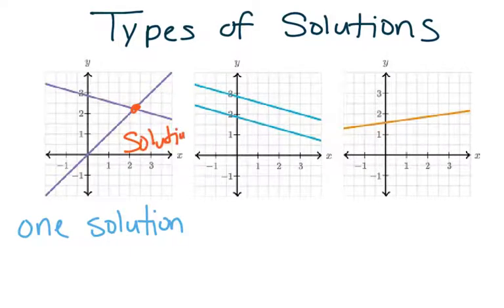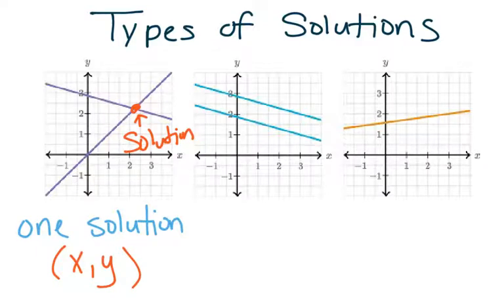Wherever they intersect, that's the solution, and it only intersects one time. That's why we say it's one solution. And your answer is going to be an ordered pair, an x and a y. In this case, it looks like a decimal, probably like 2.25 and 2.25.